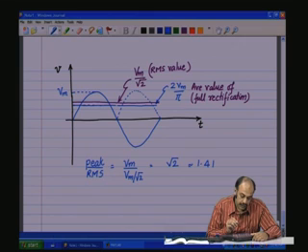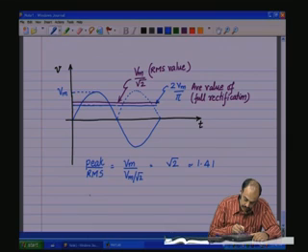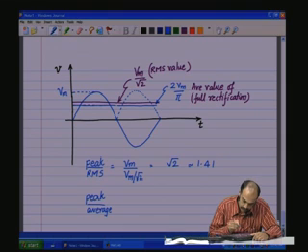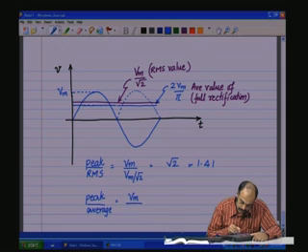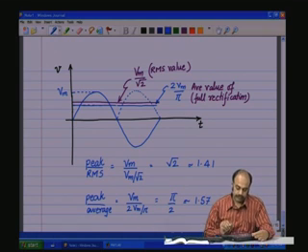This is peak by the RMS value. There is also another ratio, which is peak by the average value, which is Vm by 2 Vm by pi, which is equal to pi by 2, which is approximately 1.57 or so, half of 3.14.